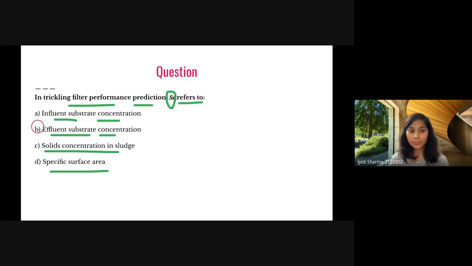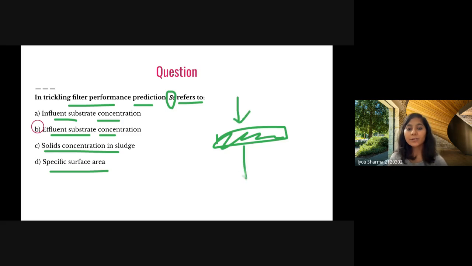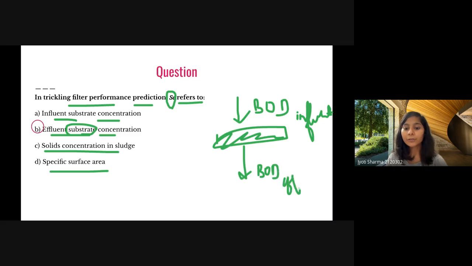So the thing is, we have a trickling filter, right? And this is the media. From here we have the wastewater, and this is your treated water. So how much substrate concentration, or you can say the BOD concentration, did we have initially? This is the influent substrate concentration. Then the substrate concentration after filtering will be the BOD that we will have in the effluent or treated water.